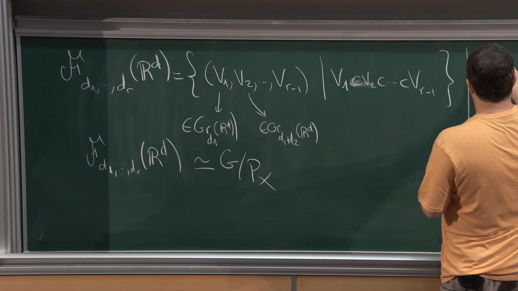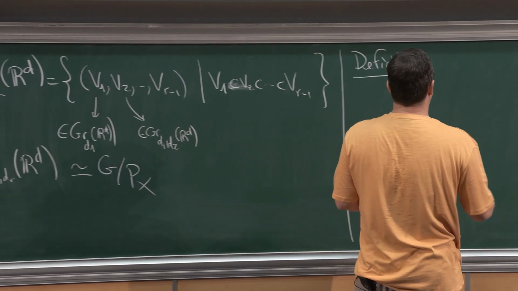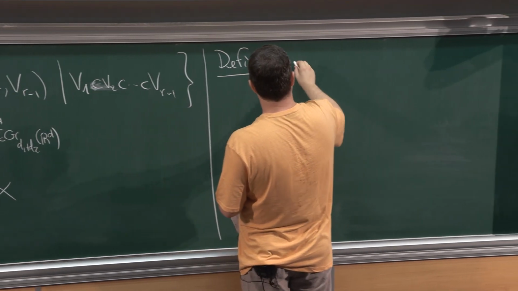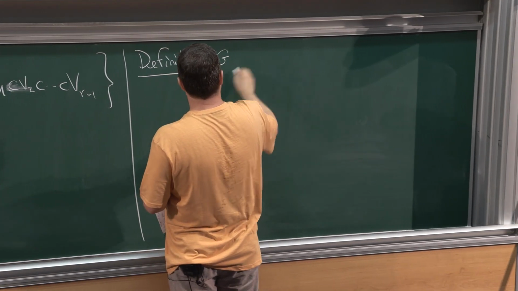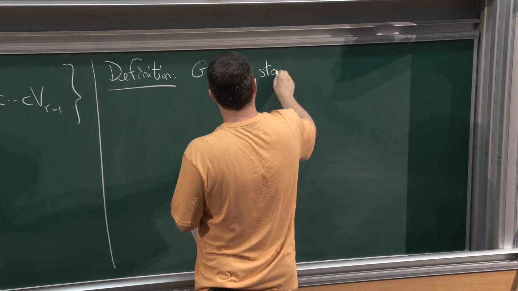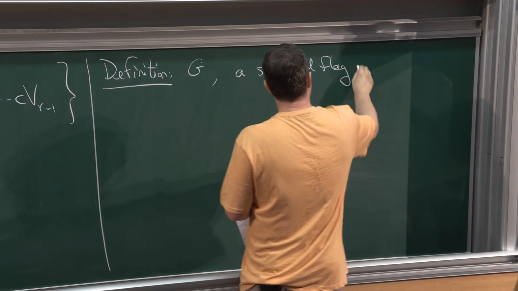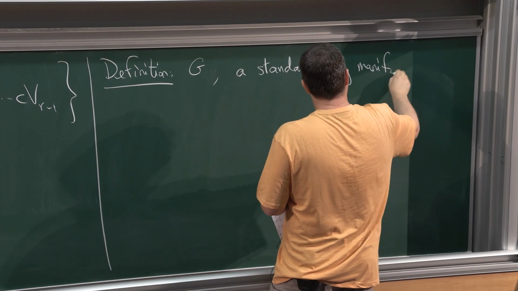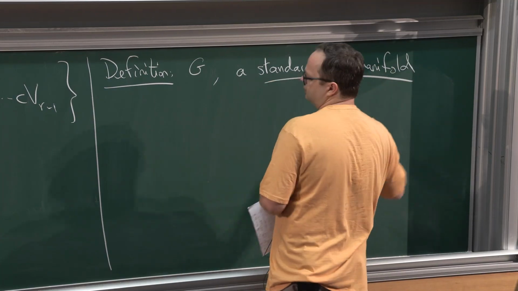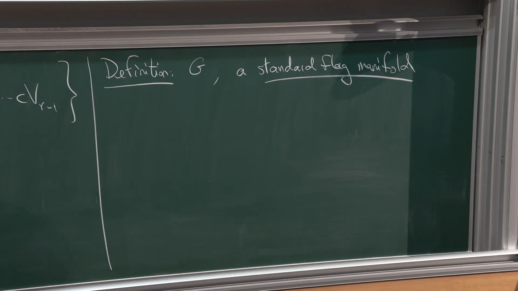So we'll start by defining what we call a standard flag manifold in general. So now we're back to G semi-simple, and a standard flag manifold is a way of choosing one of these homogeneous spaces with stabilizers Px.